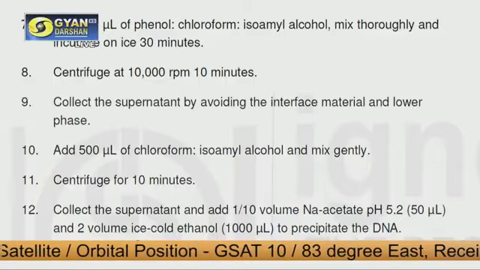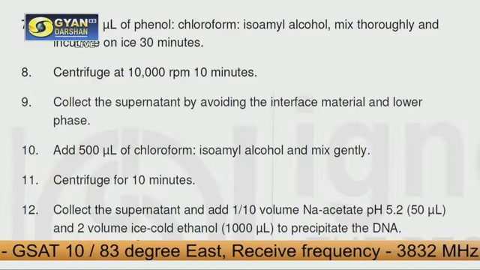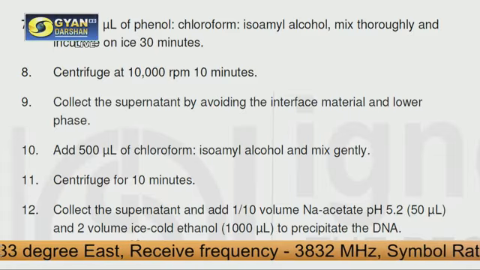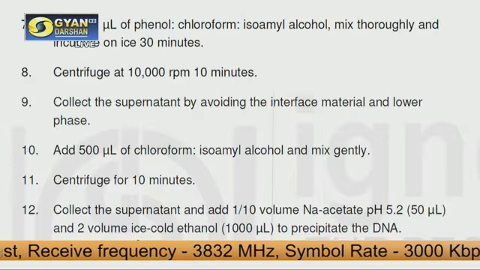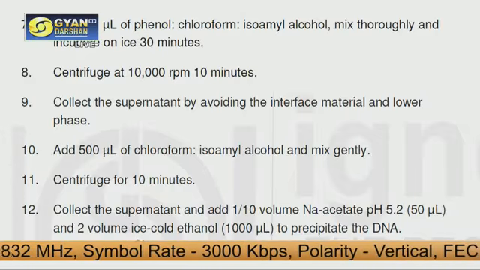Next, you add 500 microliter of phenol chloroform isoamyl alcohol, mix it thoroughly, and incubate on ice for 30 minutes. And finally, you have to centrifuge. Don't go for very high speed in the centrifuge machine. Why?